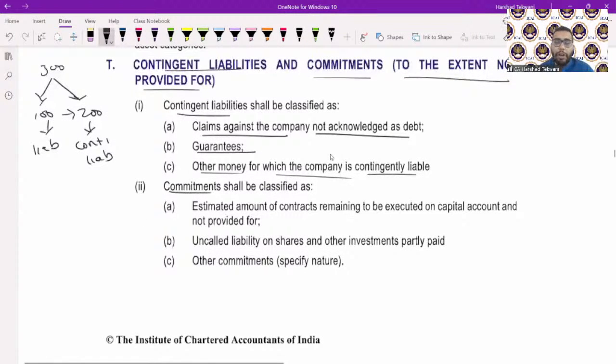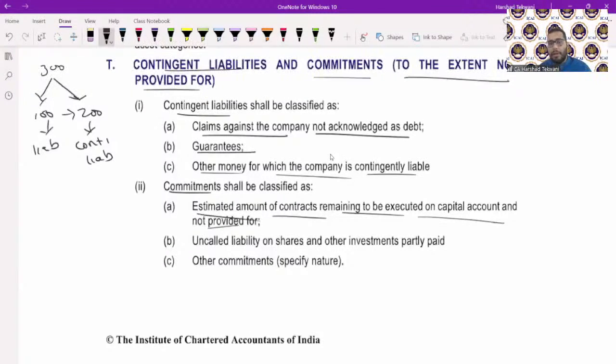Commitment. What is a commitment? A commitment means something you are going to do in future, you have already committed to now, but you are going to do it in future. So for example, estimated amount of contracts remaining to be executed on capital account not provided for. Let's say you have entered into a contract for purchasing a fixed asset.